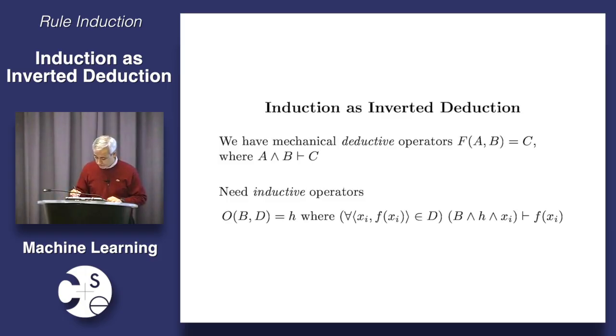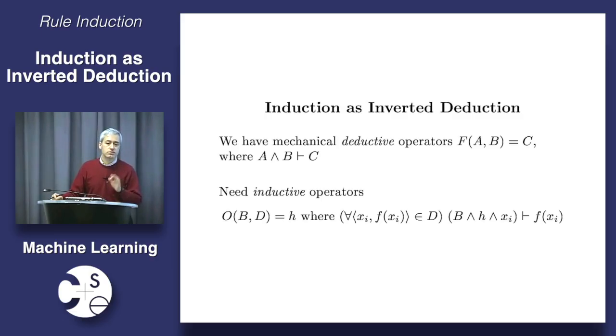So f is deduction. f is the operation that transforms A and B into C. And in logic, we write that as A, B derives C. But these two things are really just different ways of saying the same thing.